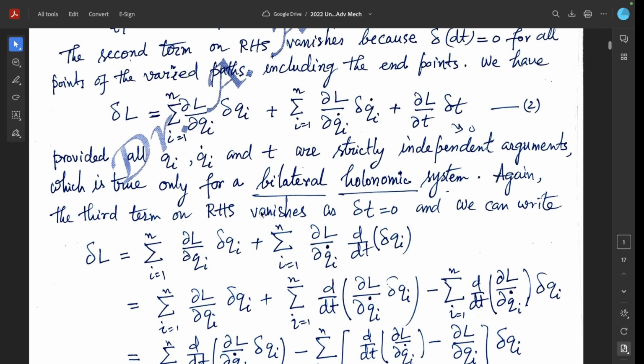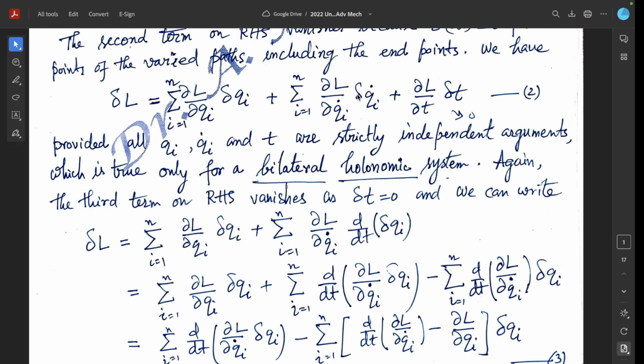So we can write the summation over i of del L by del qi dot times d/dt of delta qi, because delta of dqi/dt, that is delta and d/dt, interchange for qi.